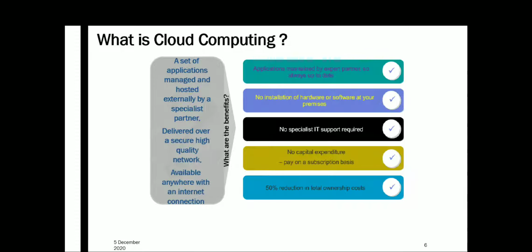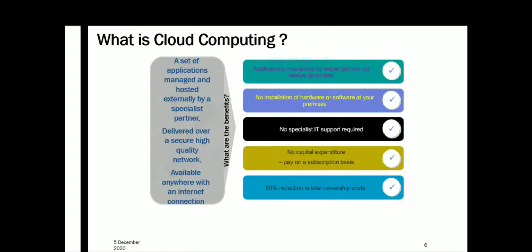You can generally define cloud computing as a set of applications managed and hosted externally by a specialist partner, delivered over a secure high quality network, available anywhere with an internet connection. So that is one of the good definitions for cloud computing.